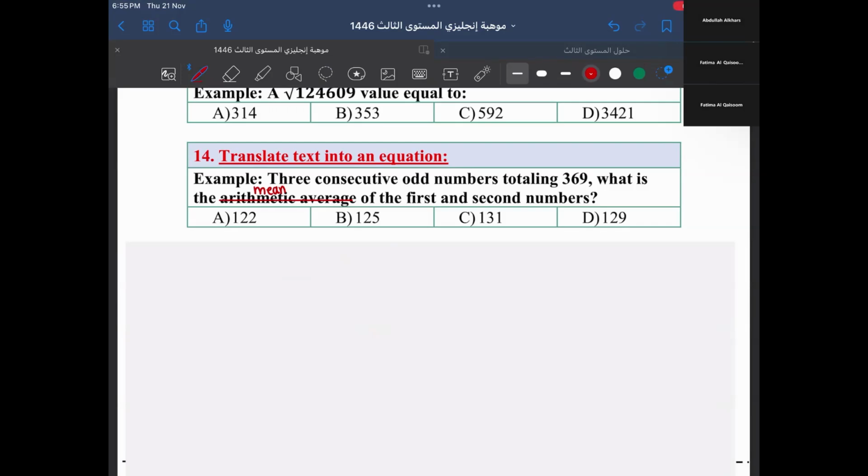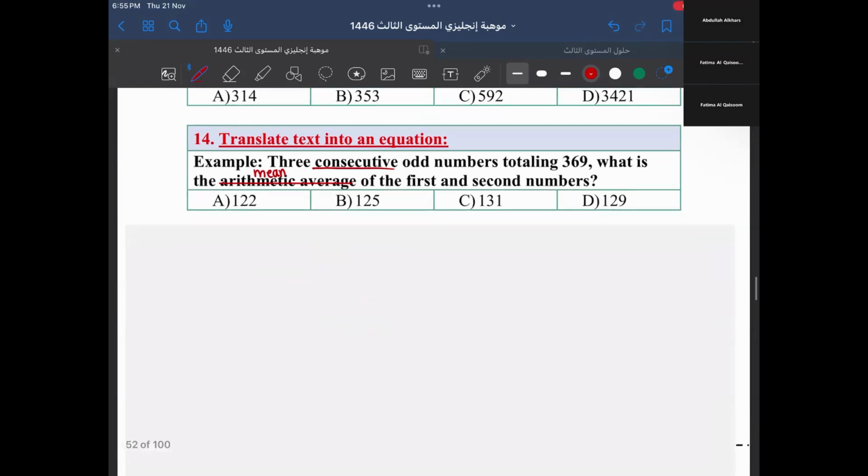So here, they are saying 3 consecutive odd numbers. What does that mean? Consecutive, what does consecutive mean? Like it goes after each other, 1, 3, 5. Exactly, excellent. 3 consecutive odd numbers totaling 369.